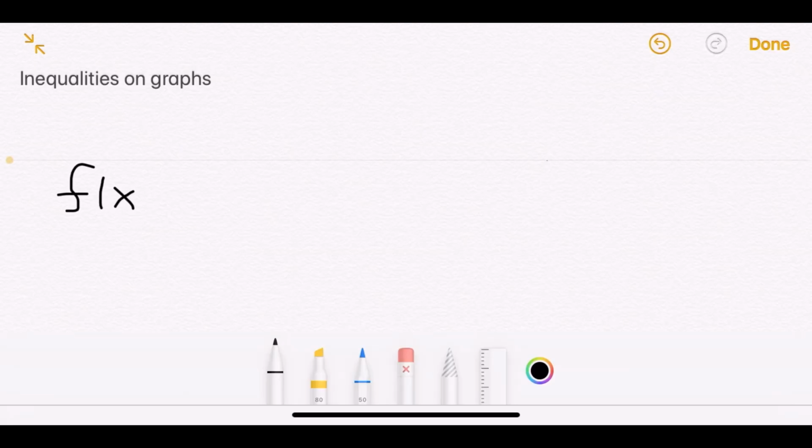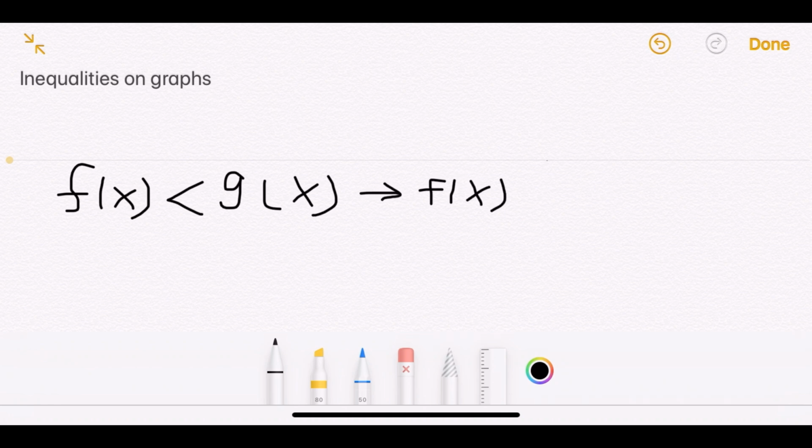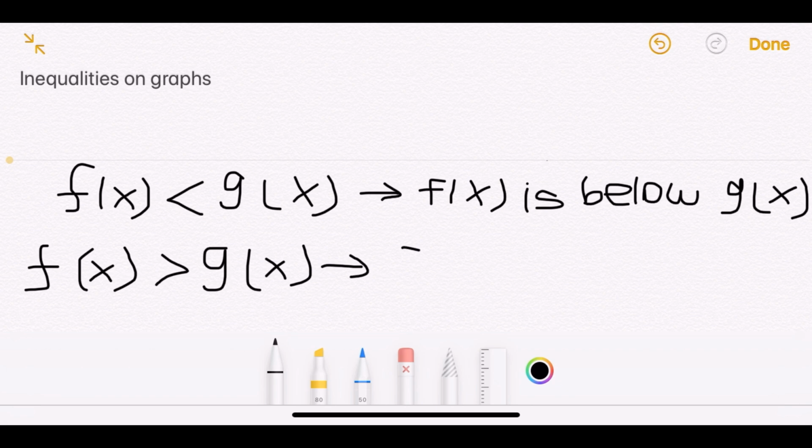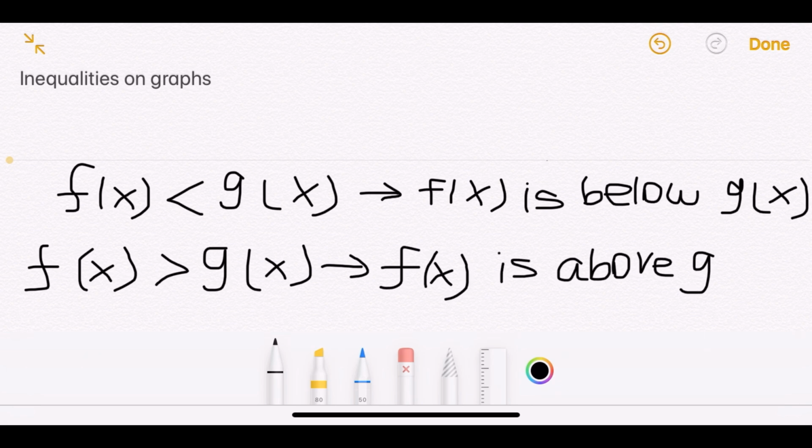If f of x is smaller than g of x, then you know that the values of x for which the curve y equals f of x is below the curve y equals g of x. And if f of x is bigger than g of x, then you know that the values of x for which the curve y equals f of x is above the curve y equals g of x.